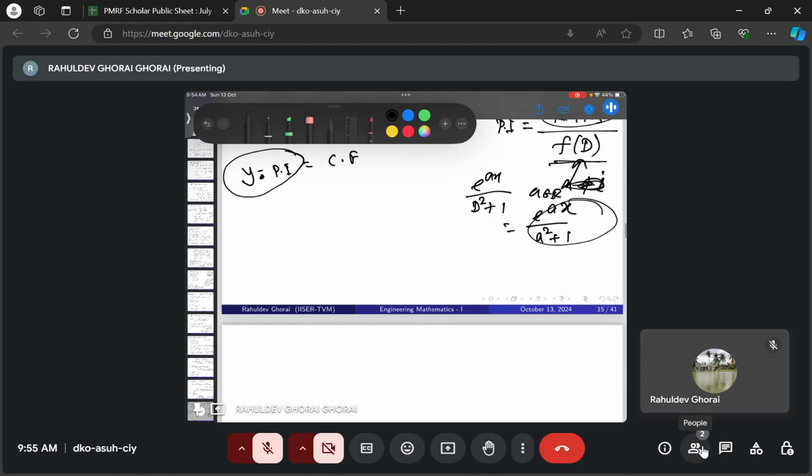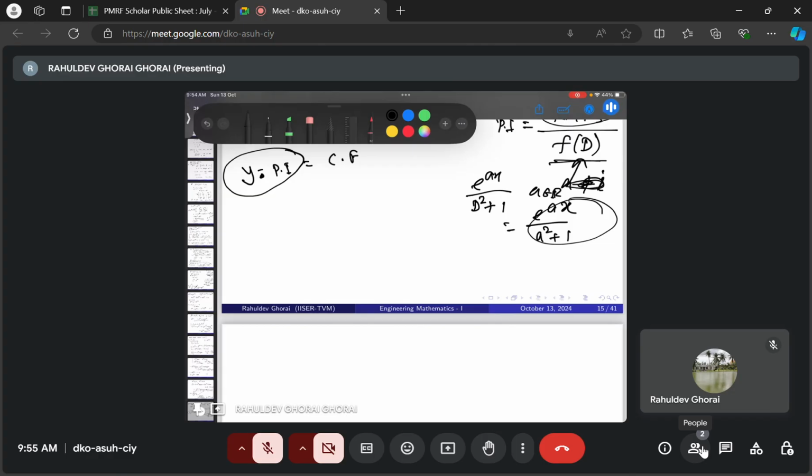So among all the nth order differential equations, one of our main focuses is on second order differential equations, right? Second order linear differential equations. So how do you solve those? Several ways are there, but some other methods to solve and find the solution are not included in the course.